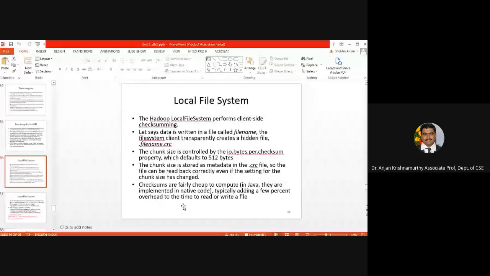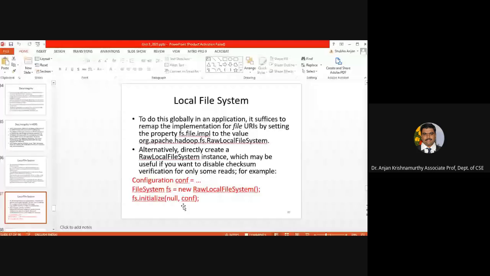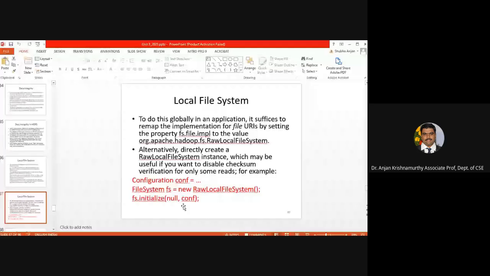And checksum computation is a very cheap job, right? So the applications are represented with the uniform resource identifier, that is the URI name, by setting the property fs.file.impl, right?